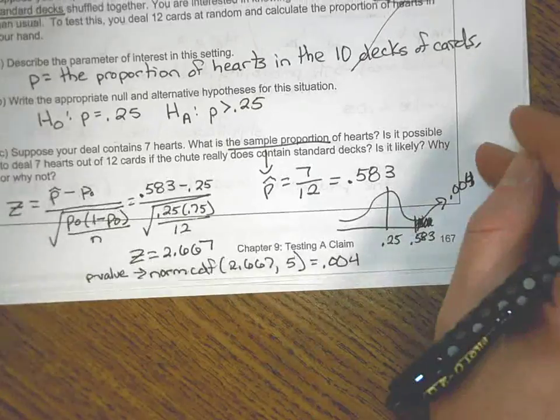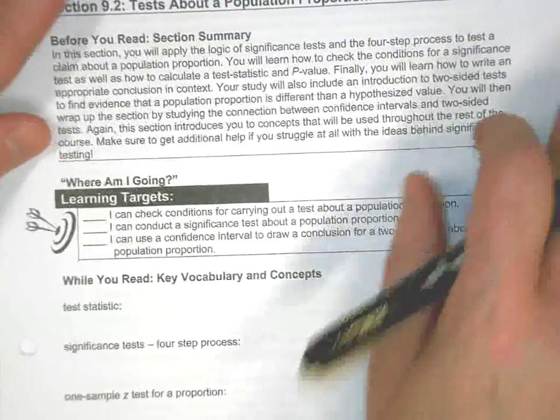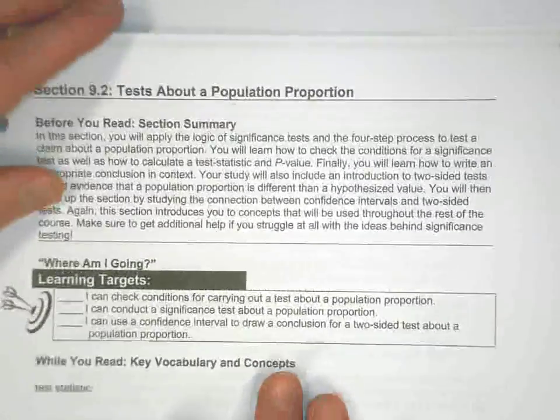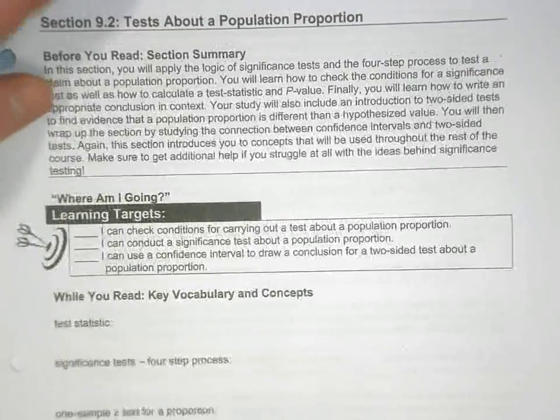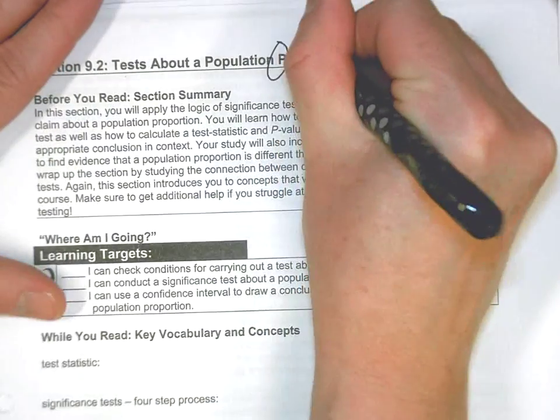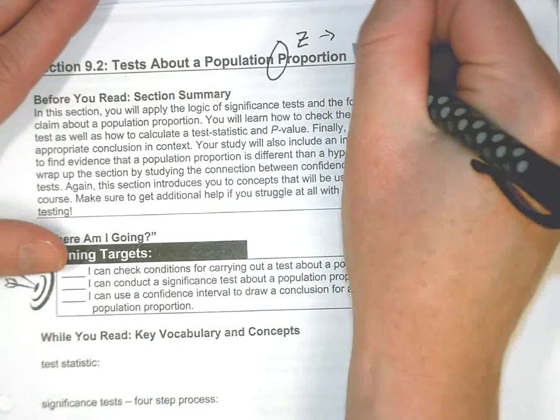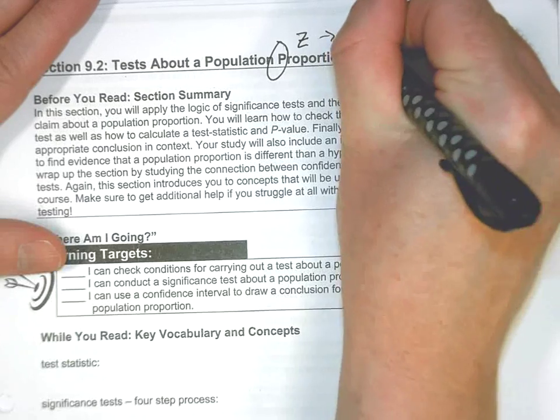Okay, so that was 9-1. Moving on, here's 9-2. Test statistic for proportions. So remember our little saying that was easy peasy? If we're talking about proportions, we're going to use Z, which implies that we're going to be using our normal model.